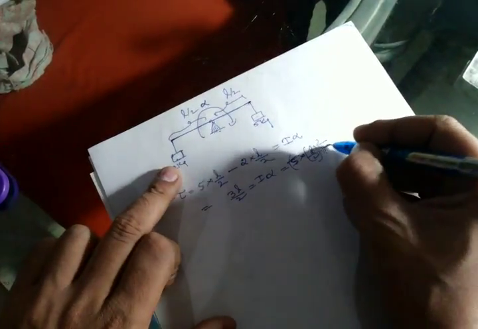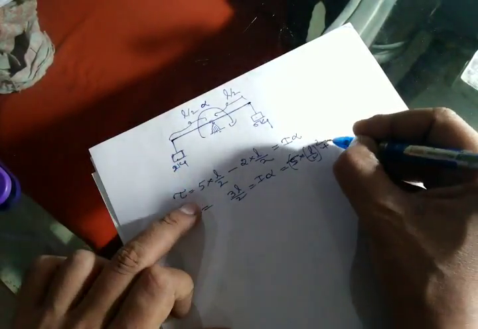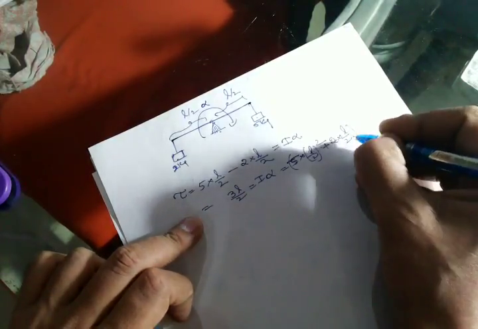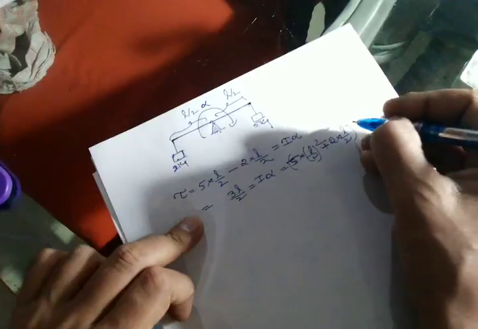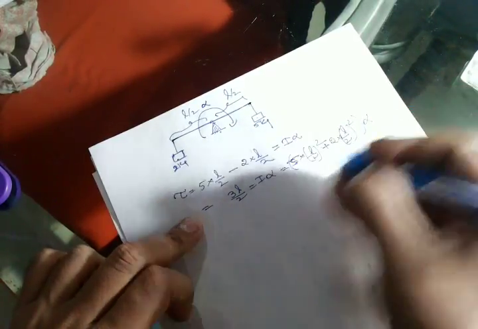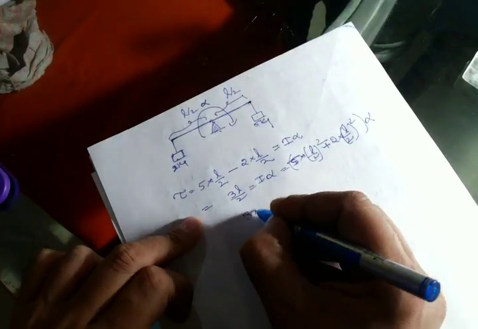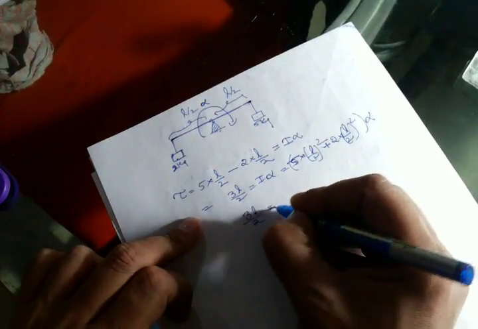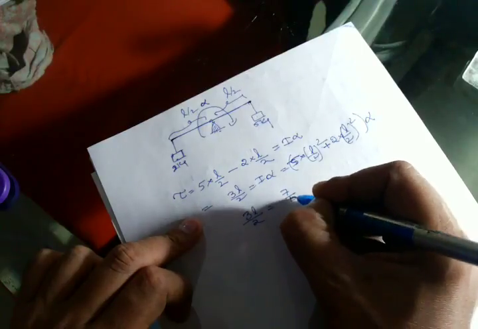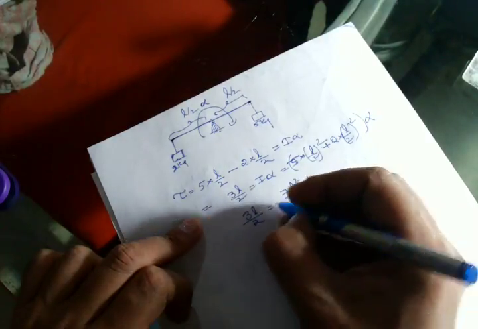And for this one also, 2 into (L by 2) square, alpha. 3L upon 2 is equal to 7 upon 4 L square alpha.